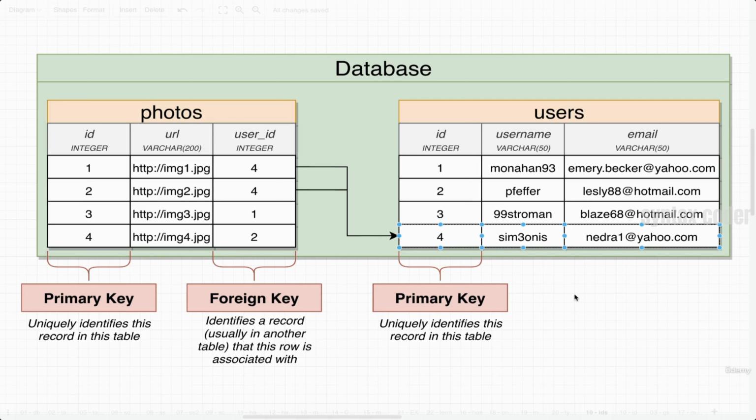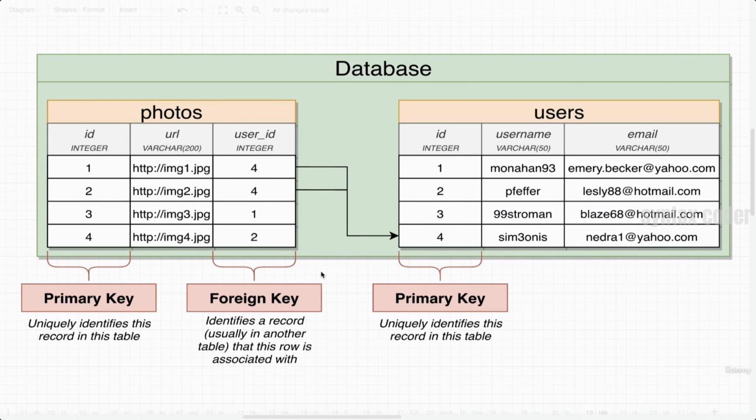So now we could write a query that might take a look at our photos table. We could take a look at all the user ID values inside there. We could say, give me all the photos with a user ID of 4. And that would give me all the different photos that are associated with this user right here. And that's the idea.